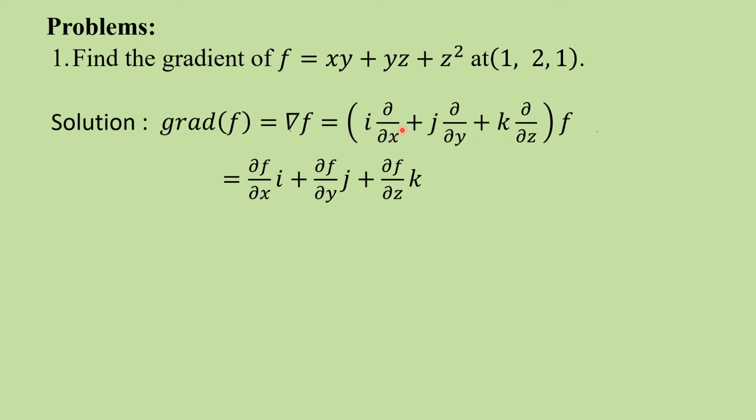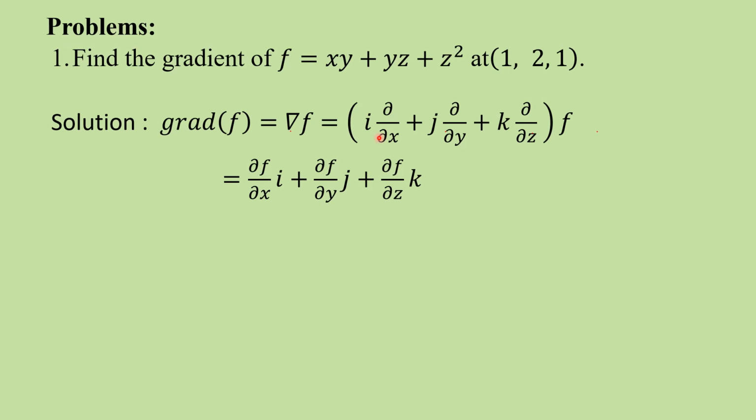So i into dou f by dou x plus j into dou f by dou y plus k into dou f by dou z. Once we get the answer, I have to write it in terms of vectors: dou f by dou x i plus dou f by dou y j plus dou f by dou z k. So we have to rearrange. While operating, first you write i, then operate one by one.